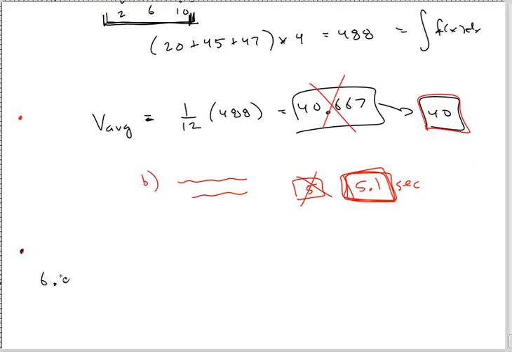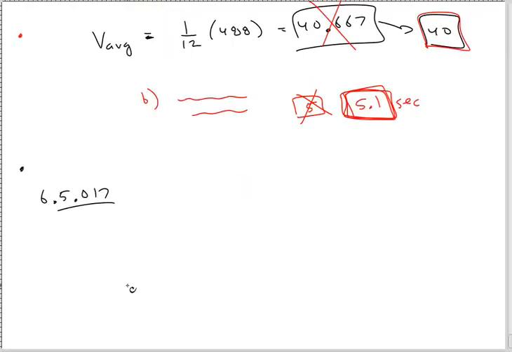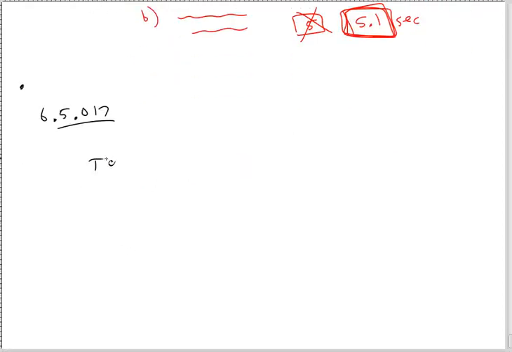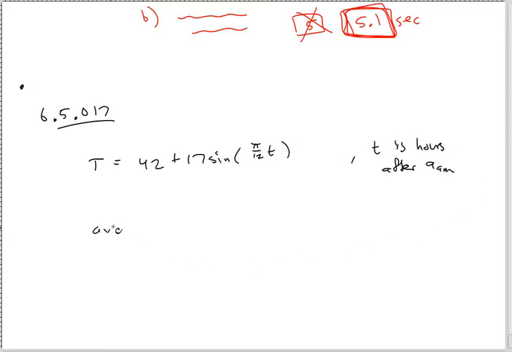Last problem, 65017. Let's get it over with. Capital T is equal to 42 plus 17 sine of pi over 12t. And they're saying that t is the hours after 9 a.m. And they say find the average from 9 a.m. to 9 p.m. How many hours is that? 12 hours.